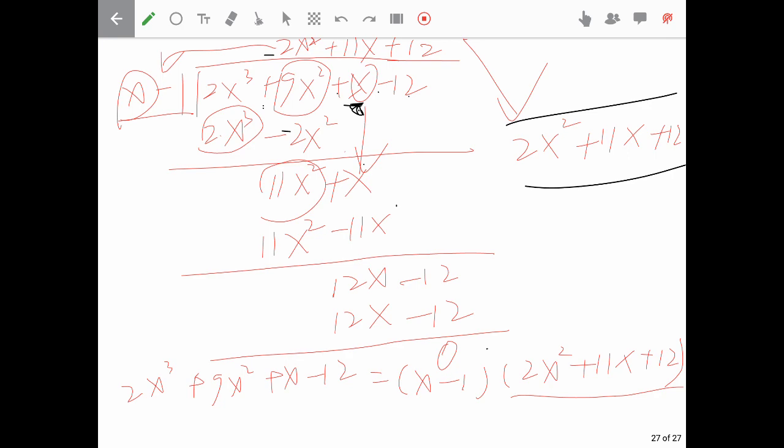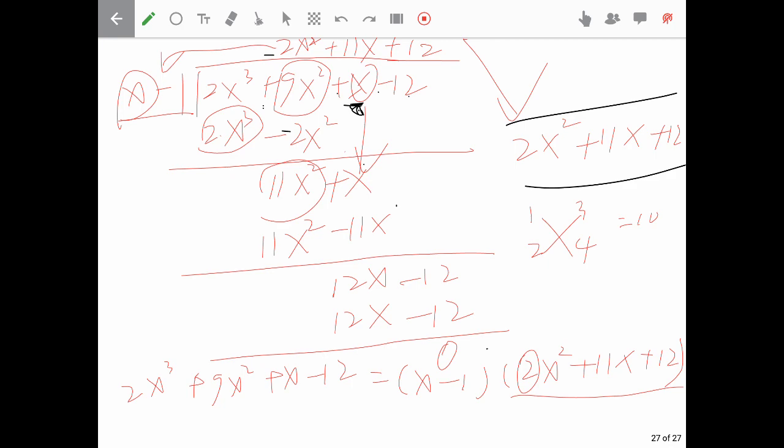Right? Okay, so to factorize, we use the cross method again. But the only difference from what we did previously is the number before x squared is no longer 1. But it's the same method. The factors of 2 must be 1 and 2, right? And then the factors of 12 could be 3 and 4. We put 3 here, 4 here, but it doesn't work because 1 times 4 plus 2 times 3 equals 10, doesn't equal 11.